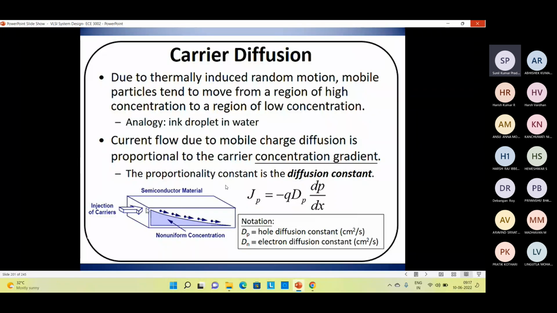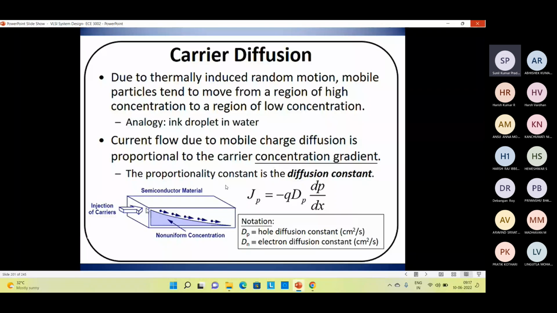That is the change of concentration with respect to distance. We call it a gradient. Just like rate means any physical parameter with respect to time, similarly, gradient means any physical parameter that changes with respect to distance.